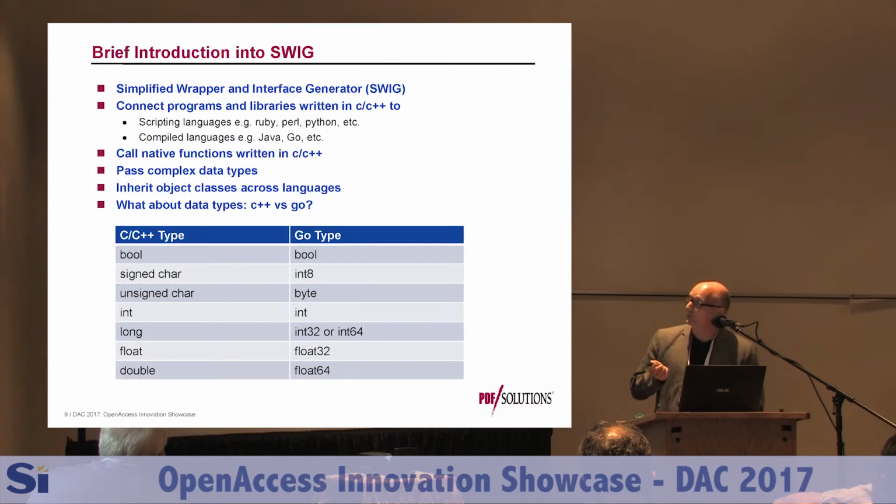Very brief introduction to SWIG. I don't want to make it too hard here, just so that you have heard it and know what it's used for. So SWIG is a simplified wrapper and interface generator. It connects programs and libraries which you have written in C or C++ to almost any scripting language, like Ruby, Perl, Python, you name it. It's really powerful in this sense.